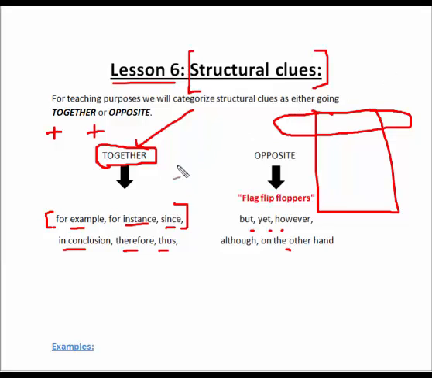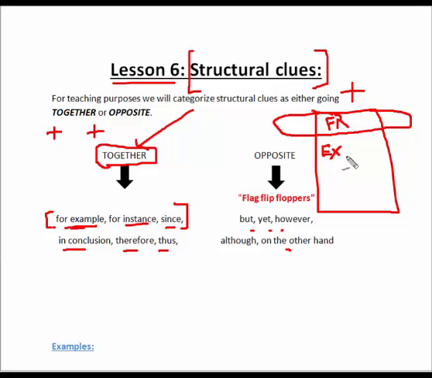Let's go ahead and illustrate these structural clues with an example over here. Jimmy is a fast runner. Using the good stinky rule, if you're a fast runner, that is positive. Down over here, we'll take the first structural clue that says, for example, and we put it in here.